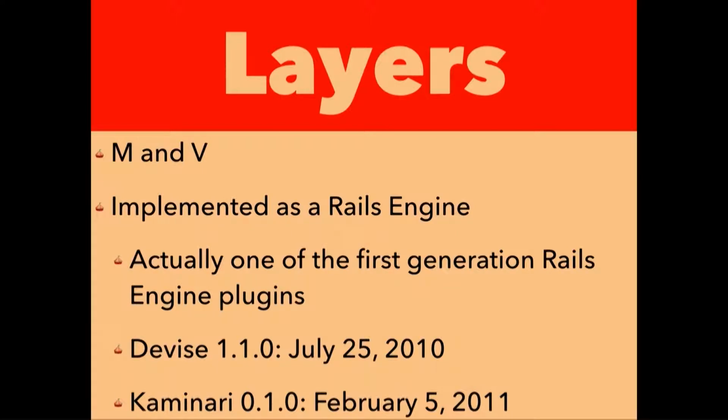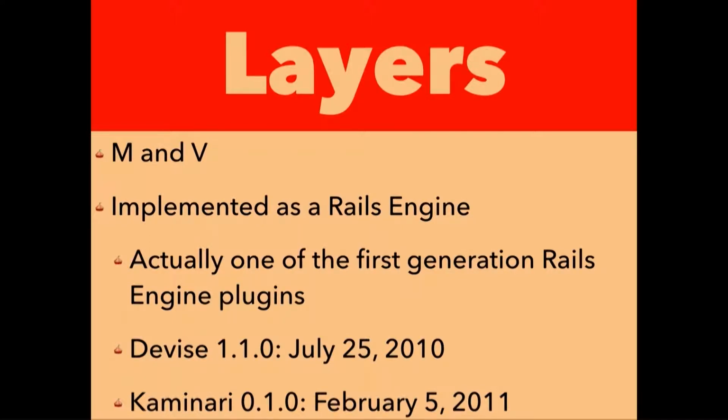It adds methods to both models and views, so it really adds features in the M and V layers. And because of that, it's implemented as a Rails engine. Actually, Kaminari is one of the very first generation Rails engines, as far as I know.